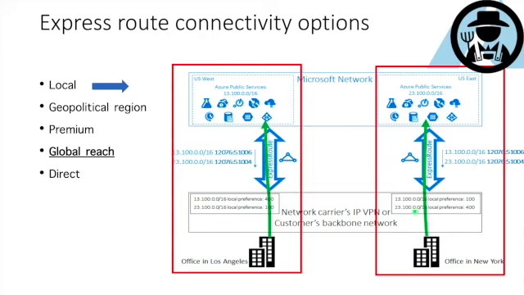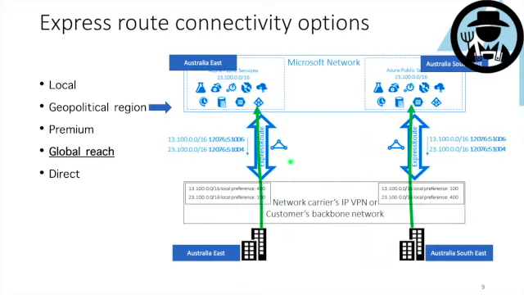And in the same fashion, you can have another ExpressRoute Local in the secondary on your other site. So let's talk about the next one. Next one is geopolitical region. So if we talk about Australia, in Australia there are 3 Azure regions: Australia East, Australia Southeast, and Australia Central.